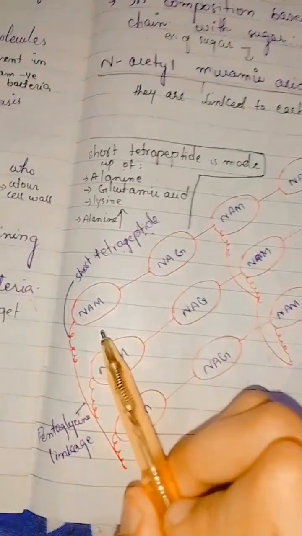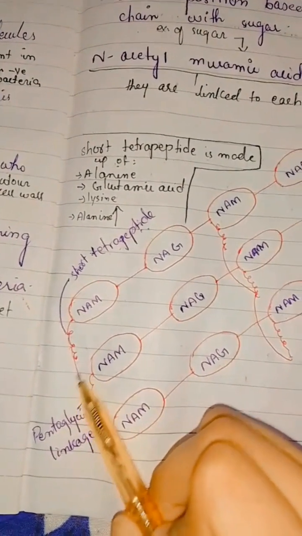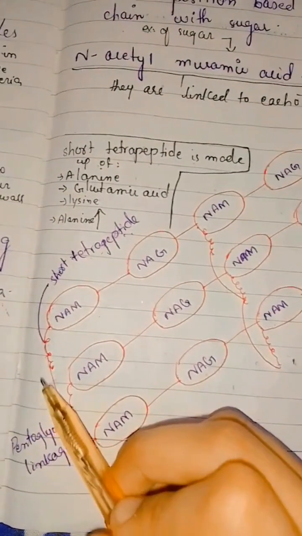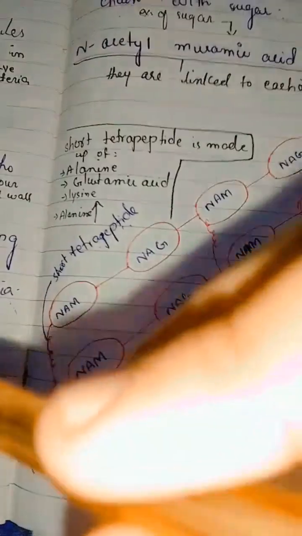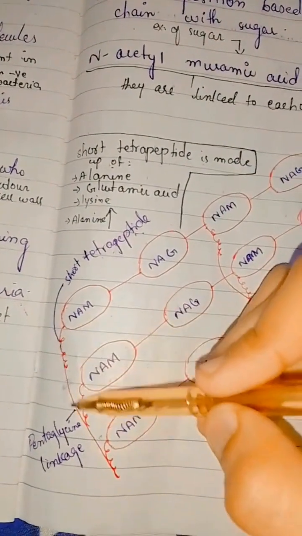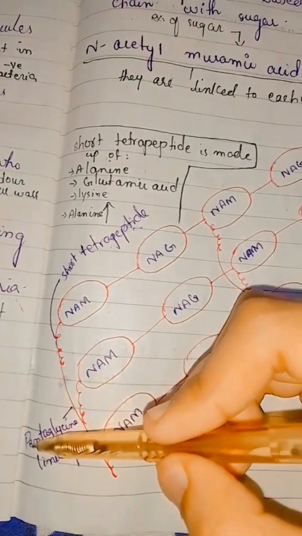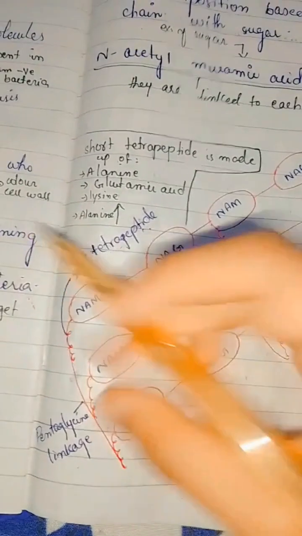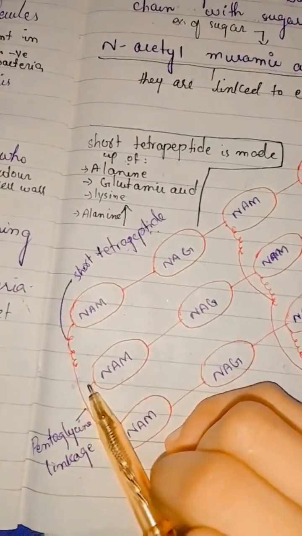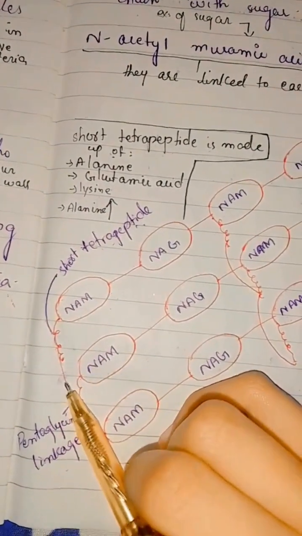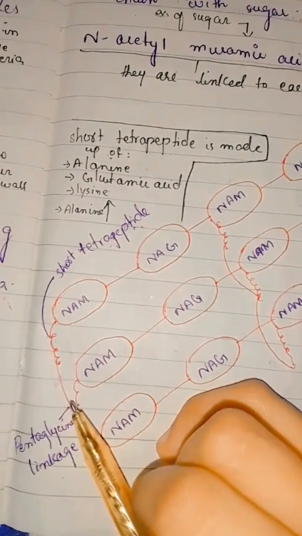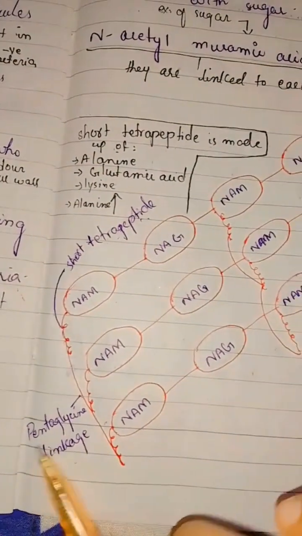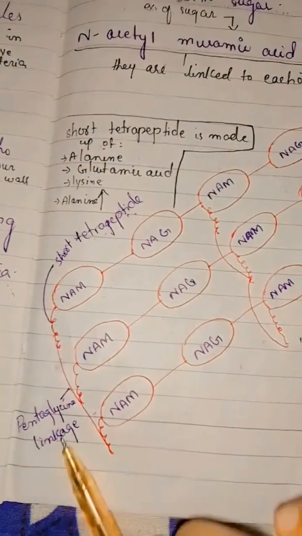In between, glycine is present. When glycine joins two short tetrapeptide chains and they make a complete chain, that is known as pentaglycine linkage.